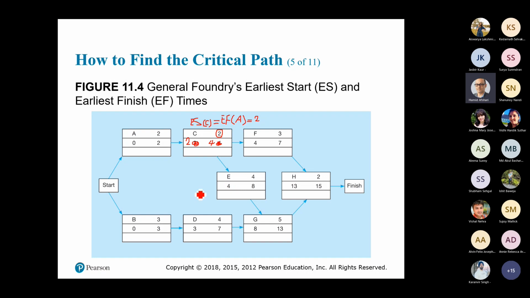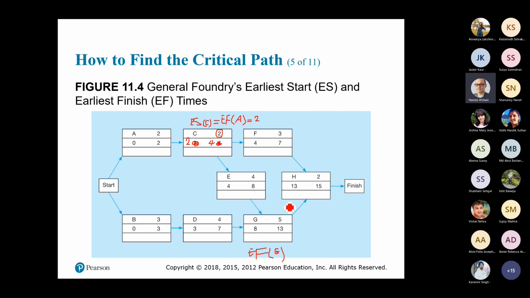Okay, there is a very important trick here. When you have 2 arrows or 3 arrows going to one box, to one node, how can I find the earliest finish of activity, let's say G? The largest, because of the two boxes. Exactly.